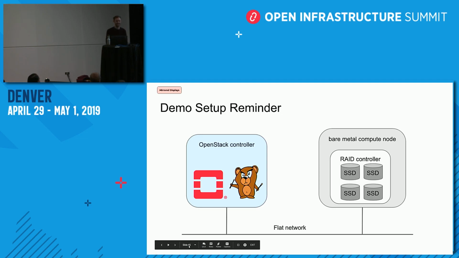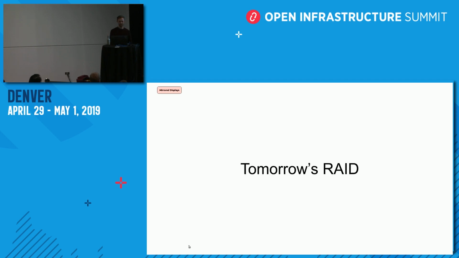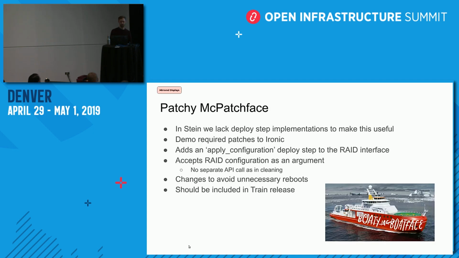Okay, so again, I missed my demo slide, but never mind. So let's talk about how we might expect RAID to look in the train release. As you may have noticed, we have some patches in our ironic service. We don't have a deploy step for RAID in the Stein release that would have allowed us to do that demo.